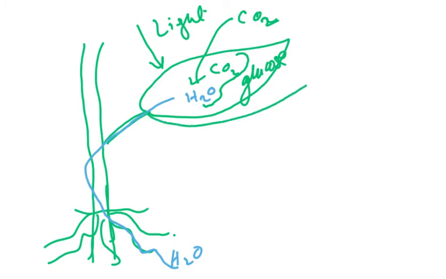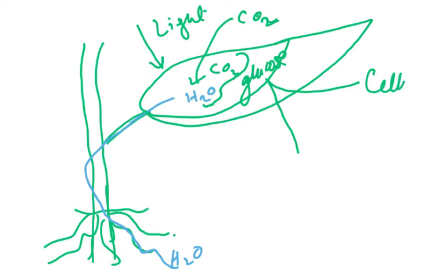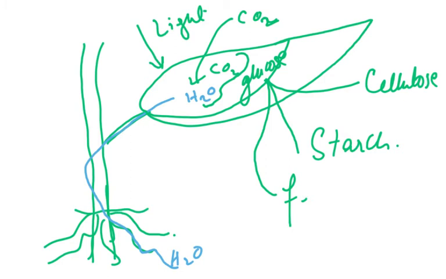But what we need to understand is that this glucose is the beginning of every molecule. From this glucose, we are going to make cellulose. From this glucose, we are going to make starch and store it in the cells. From this glucose, we are going to make fat.